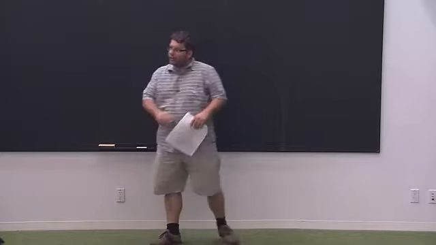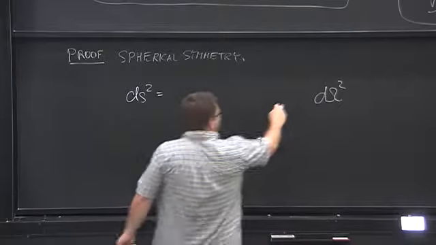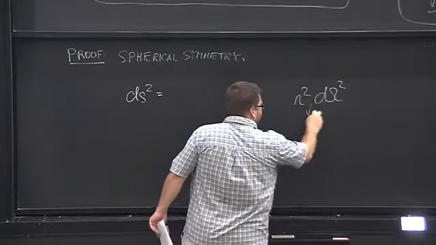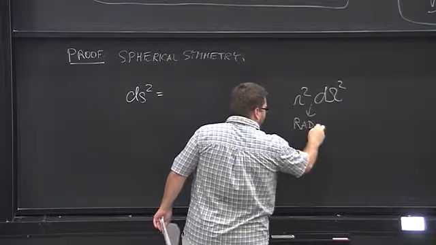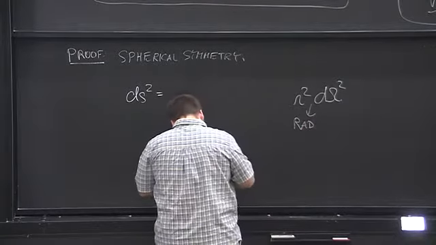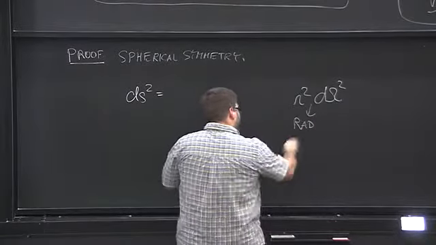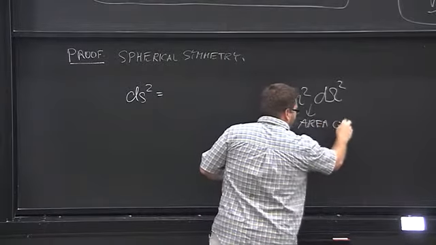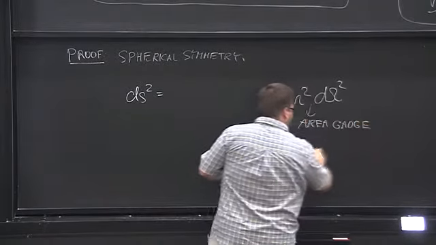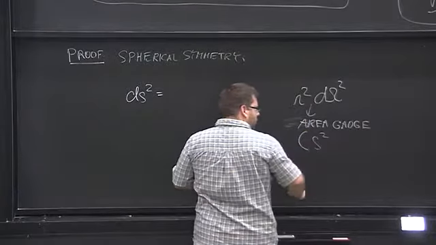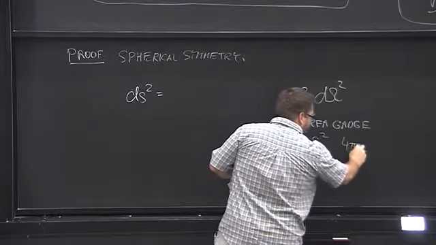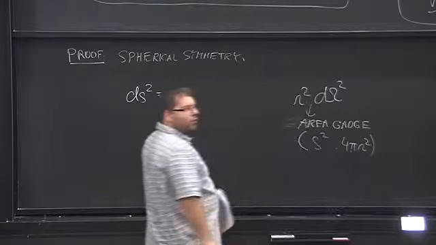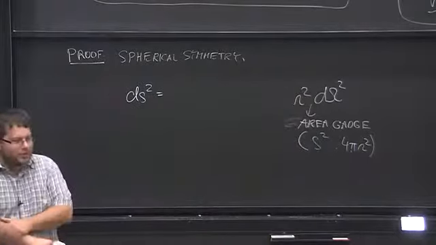That's called a radial gauge. Sorry, how is it called? Area gauge. It simply tells you that the sphere has the area 4 pi r squared. You can always do that by doing some diffeomorphism. Okay, so we have r squared d omega squared.